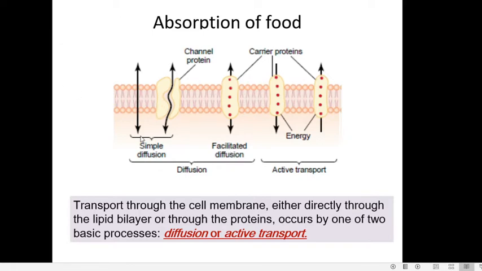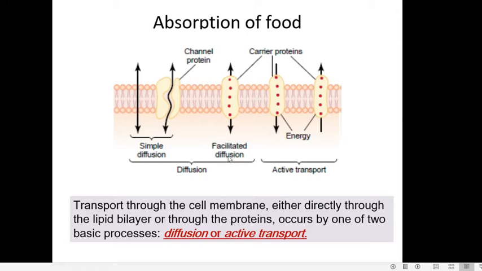In simple diffusion, the substance can directly pass through the lipid bilayer of the cell membrane, or it can pass through channels inside the proteins present in the lipid bilayer. So the substance will move either directly through the lipid bilayer or through channels which are already built inside the channel proteins.